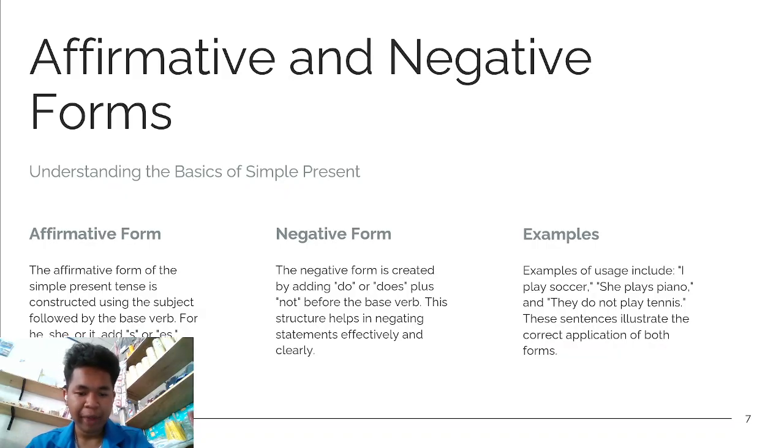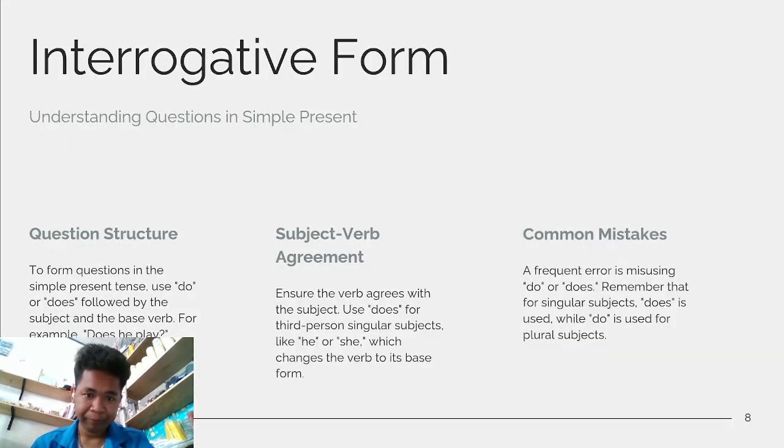This structure helps make negative statements effectively and clearly. Examples of usage include: I play soccer, she plays piano, and they do not play tennis. These sentences illustrate the correct application of verb forms.